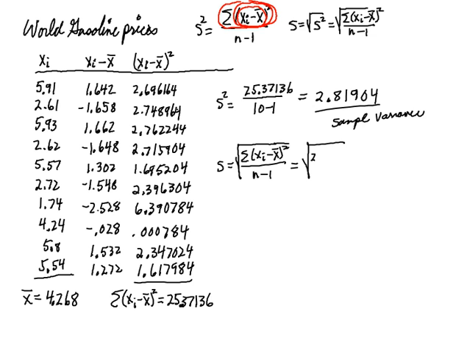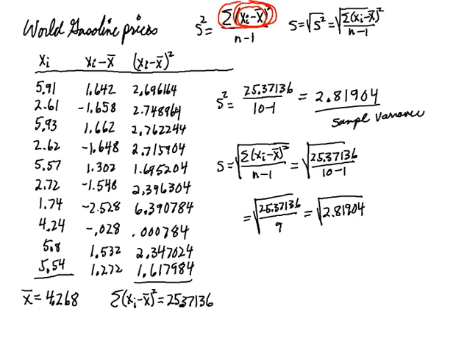So I'm basically taking the square root of 25.37136 divided by 10 minus 1, which is 25.37136 divided by 9, which is the square root of 2.81904, and that gives me 1.678997, or approximately $1.68 is the sample standard deviation.